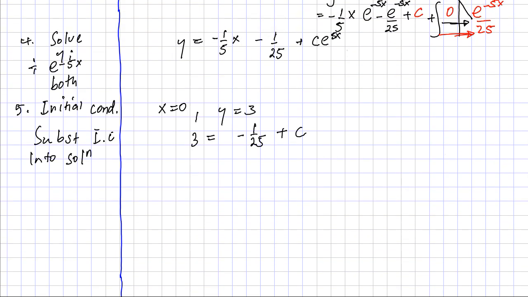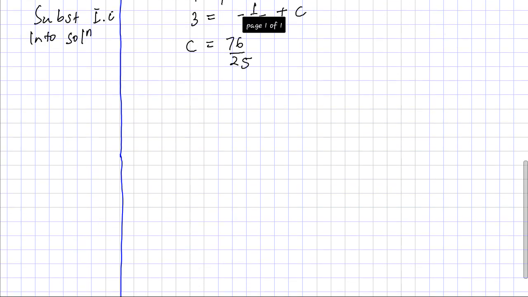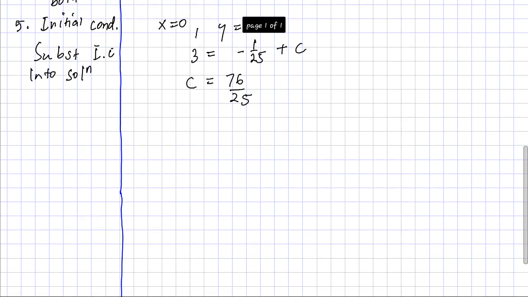Therefore, y is equal to, no, c. We're still busy with c. c is equal to 76 over 25. So then finally our solution is as follows.